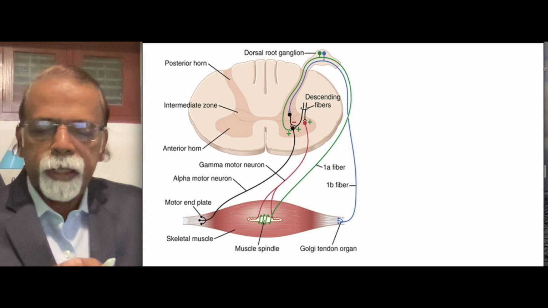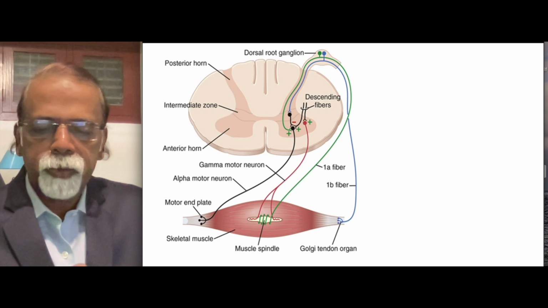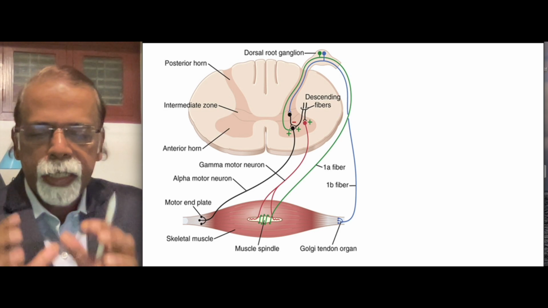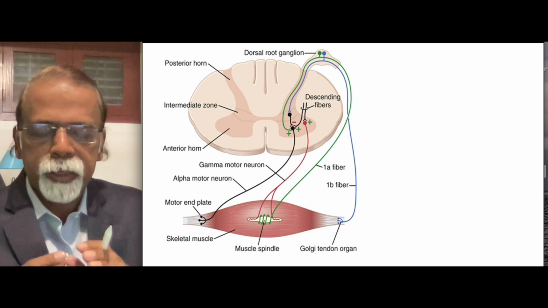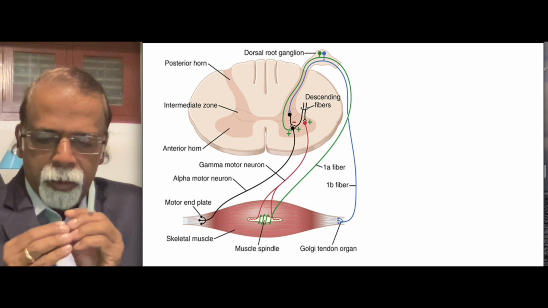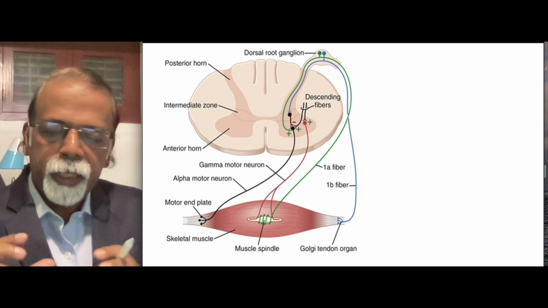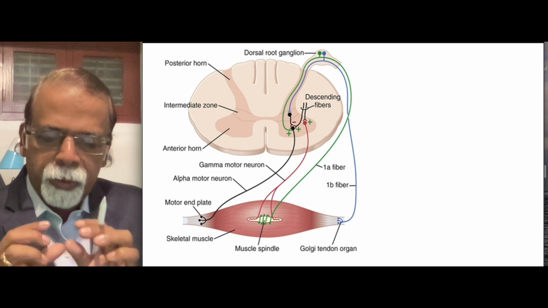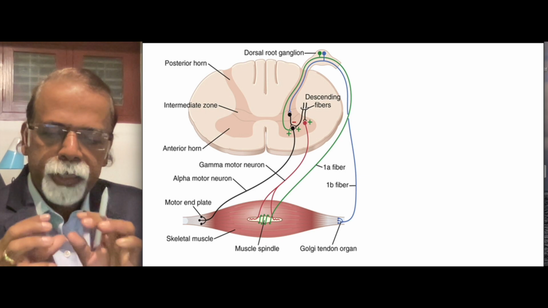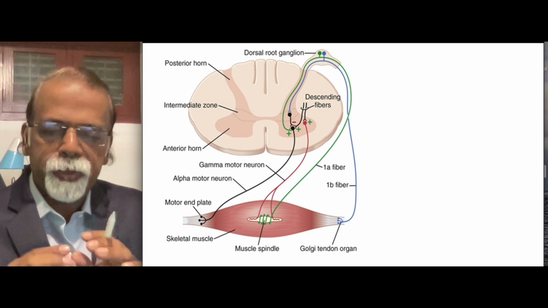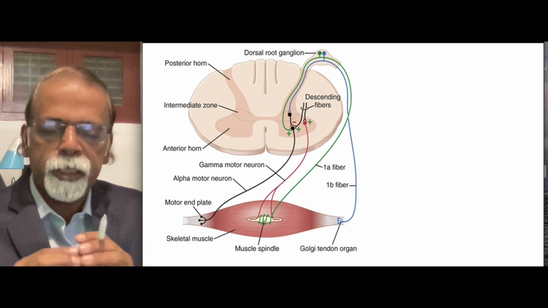Again, you should see that the muscle contains two types of fibers. One is the contractile element, which we call the extrafusal fibers, and in the muscle there are fibers which are concerned with proprioception. They are called the muscle spindles.